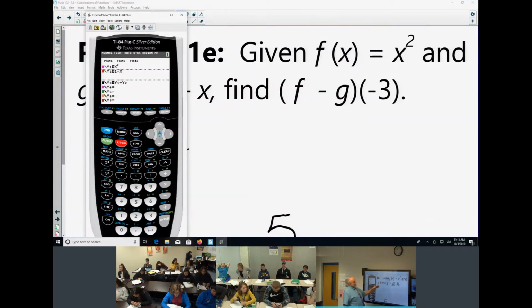Okay, so now it's f minus g. So for the third function, it's y1 minus y2. All right, so then when you press graph, you got to make sure that when you press trace now, well, let's wait and let it graph.